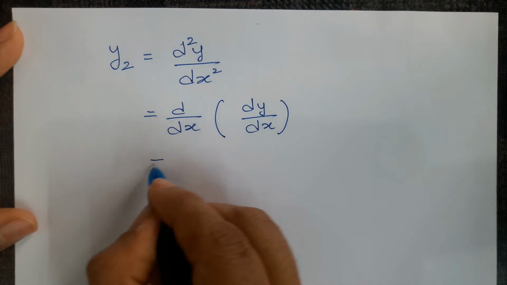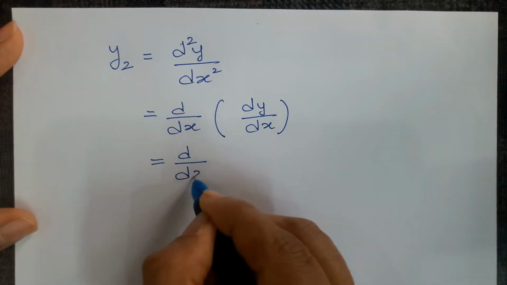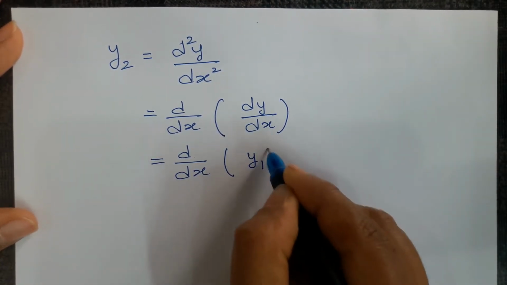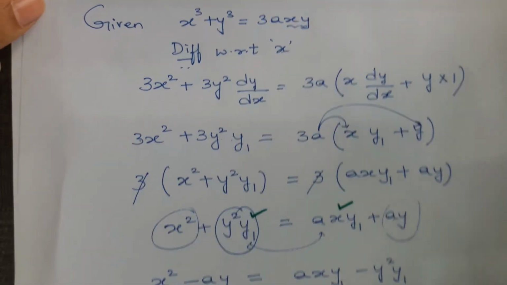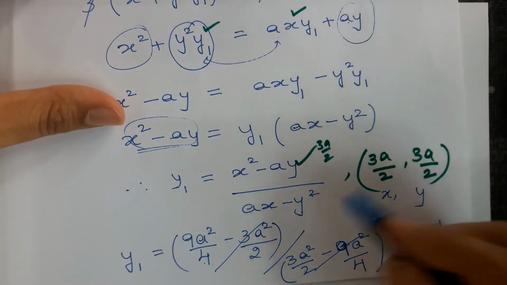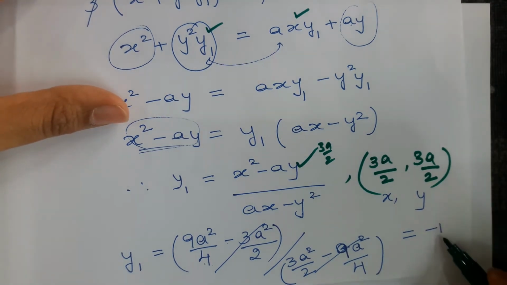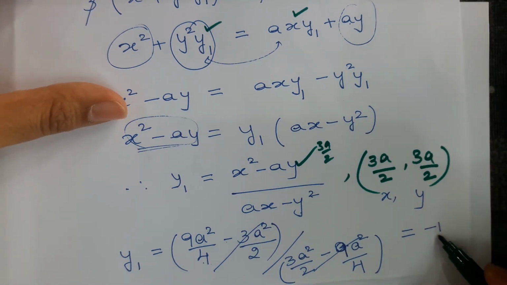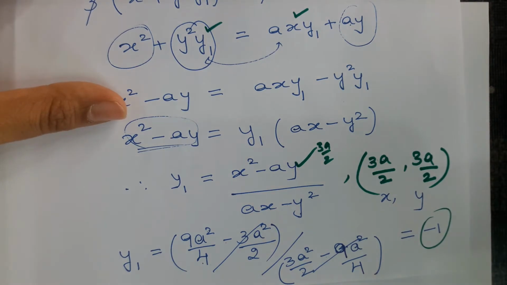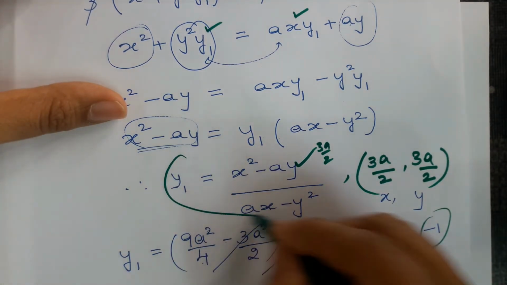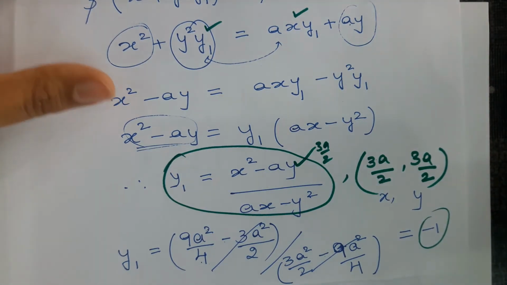That is d by dx of dy by dx, which is nothing but d by dx of y1. So what is y1 we got? You have to take this expression as y1. Don't take y1 as minus 1. If you take y1 as minus 1 and differentiate with respect to x, minus 1 becomes 0, which is meaningless. So take y1 as the value before substitution.